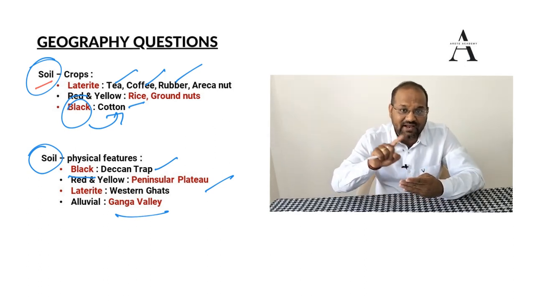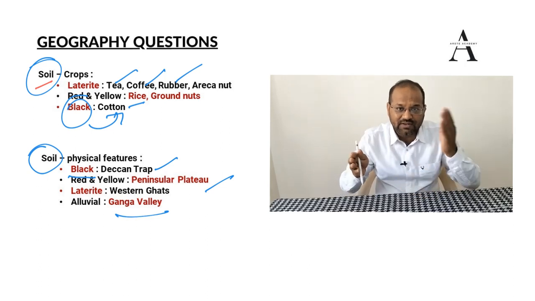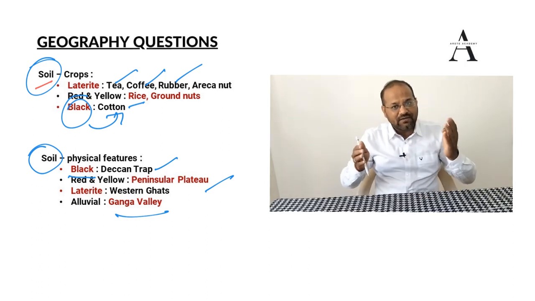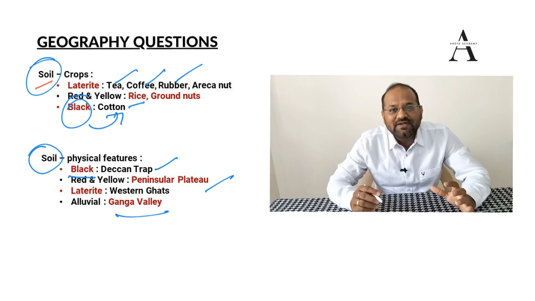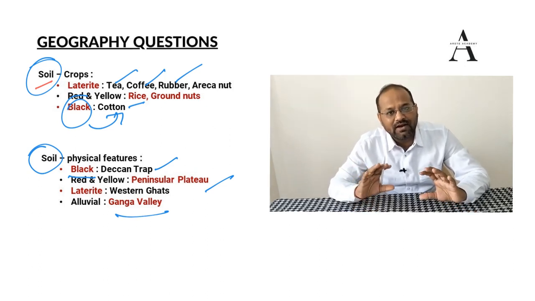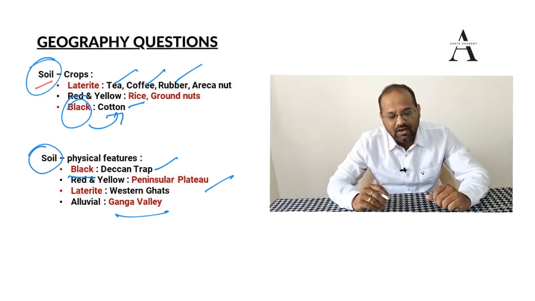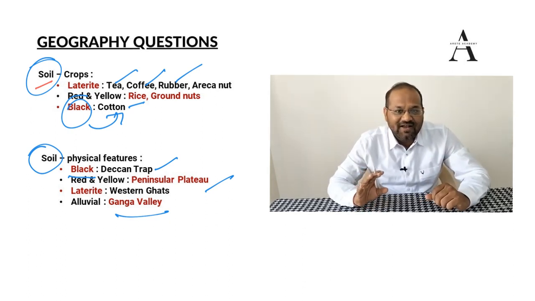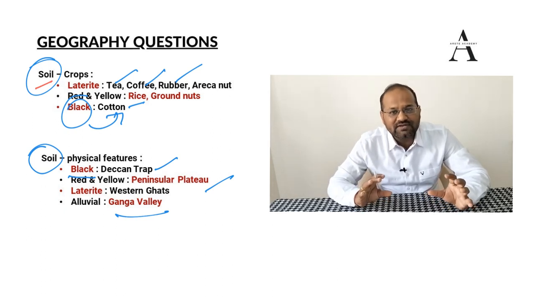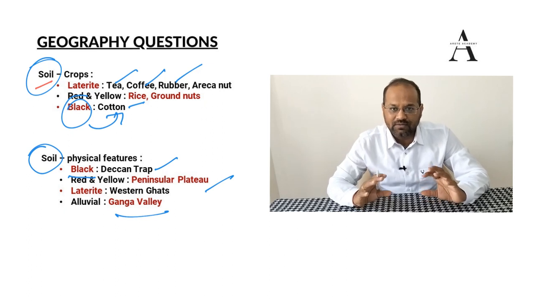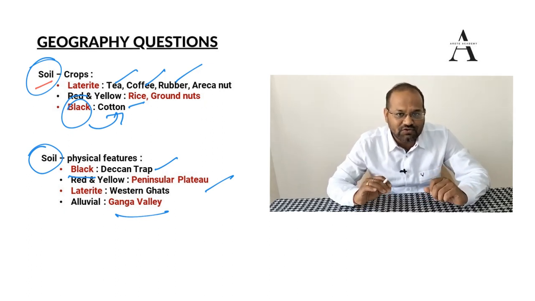We have discussed the linkage of soil with crops and with physical features. So UPSC has the habit of asking one piece of information in different formats, conceptually or factually. So be very alert. We have discussed it in depth and holistically. If you know this information, you can easily handle any question based on soil type.